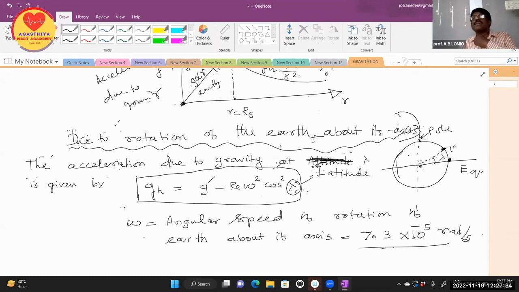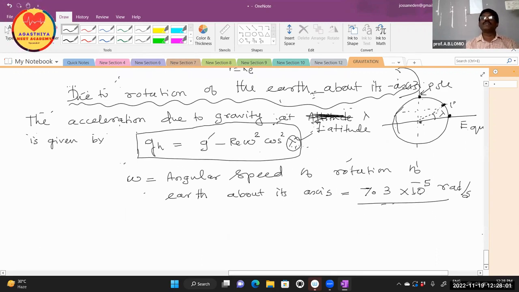Cos 0, what is that? 1. When the point P is coinciding with the pole point, lambda becomes 90 degrees. Understand? Cos 90 is 0. Therefore, this general formula is applied at the position of the equator and pole.